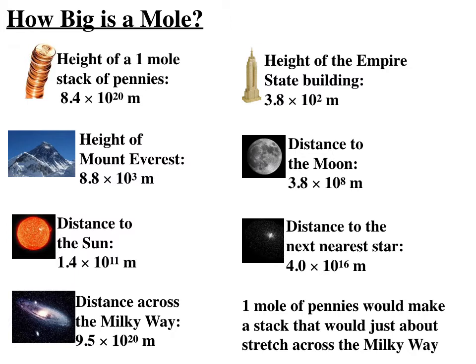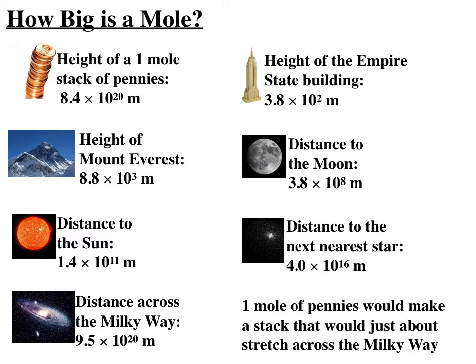To the moon is 3.8 times 10 to the 8 meters. I think I said at the beginning 8.4 times 10 to the 8 meters high. I meant 8.4 times 10 to the 20 meters high is how far we have to go for our mole stack. So to the moon, we're still not quite there yet. The distance to the sun is 90 some million miles, and in meters that is 1.4 times 10 to the 11th meters. So our mole stack of pennies goes past the sun.